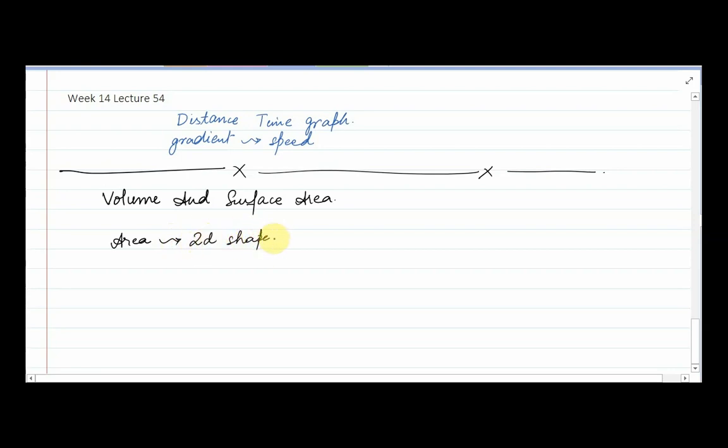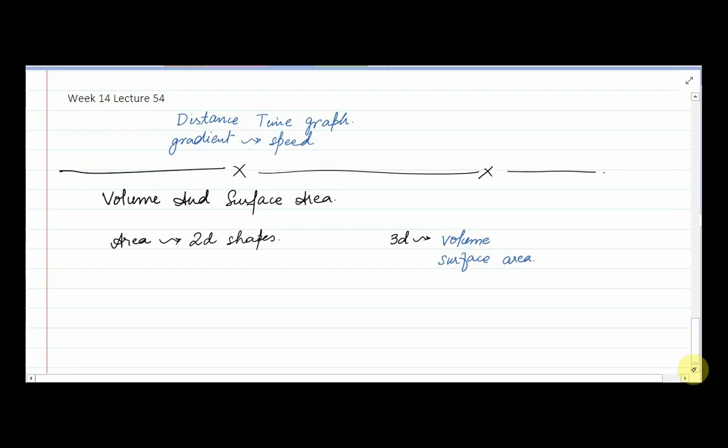If we have a 3D shape, then it possesses volume and a surface area as well. Now what is surface area? We will discuss it later.